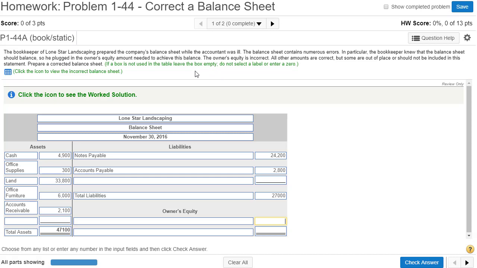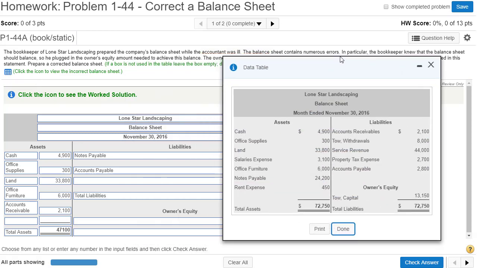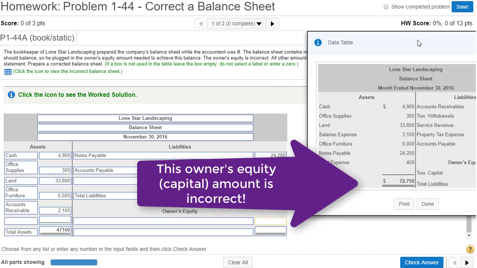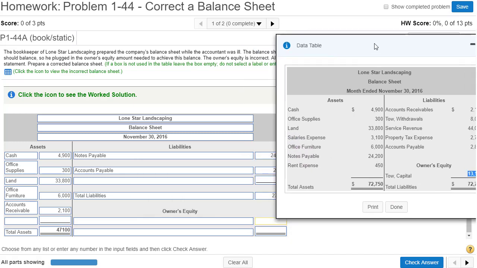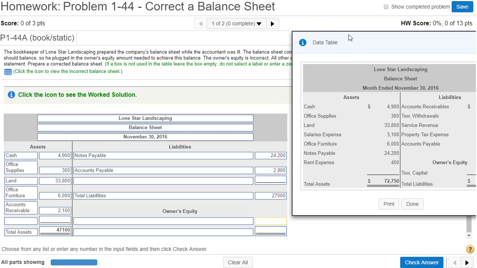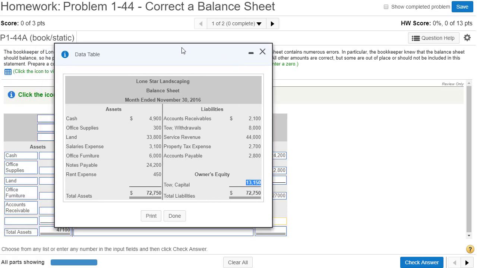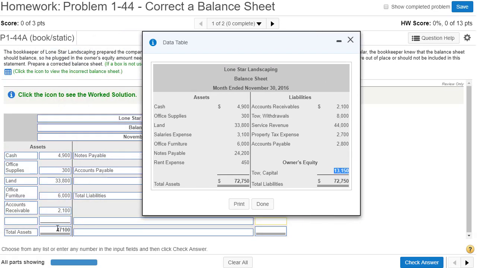Now remember, the instructions up here say that the owner's equity is incorrect. So we cannot use this number. If we use that number, it would not balance. So if we took the 13,150 of capital and added it to 27,000, that gives us around 30,000 something, which does not equal the 47,100.